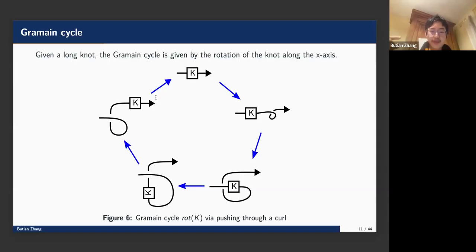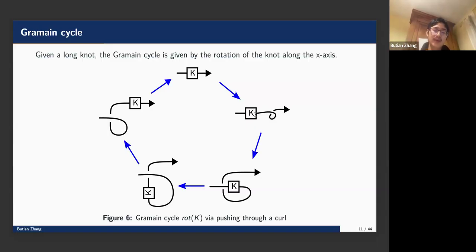And in diagrams, it has an interpretation by pushing the diagram through a curve. Here in this slide, if we have a long knot diagram K, we first add a curve at the end of this diagram, and then we push this K as a very small bead along this curve.